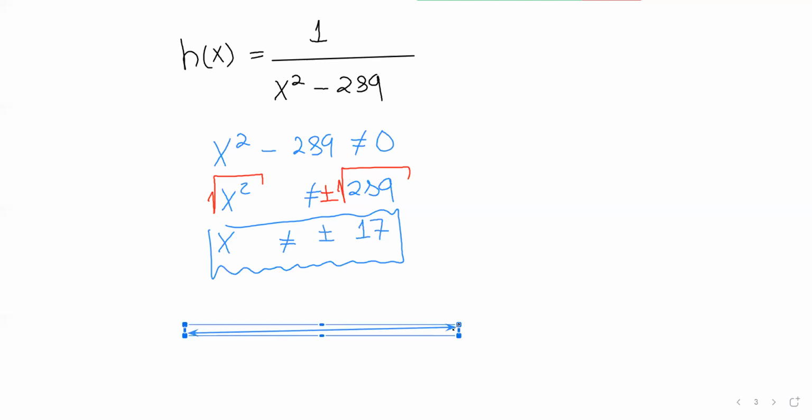This indicates that we'll actually have two numbers on the number line, a negative 17 and a positive 17. Again, we applied the square root property. To isolate x, we square root both sides, but we tack on a plus or minus symbol. Because the exponent indicates the number of solutions we have, we should have two solutions, both a positive and a negative. So I would shade all regions on the number line except at those two numbers.